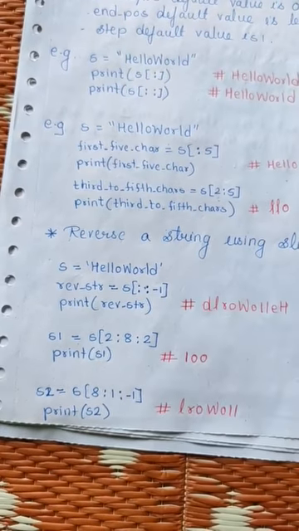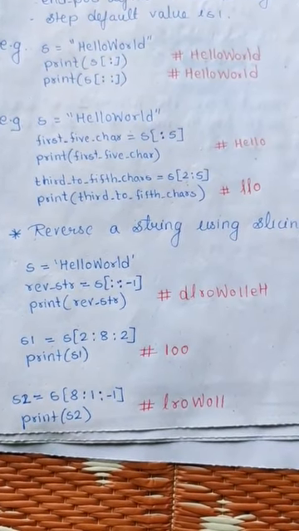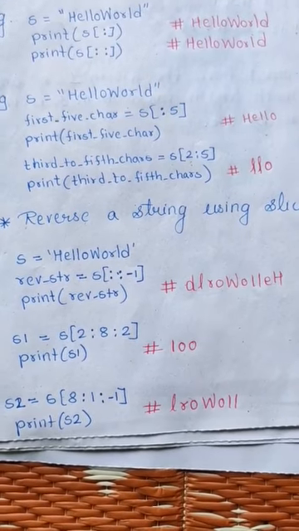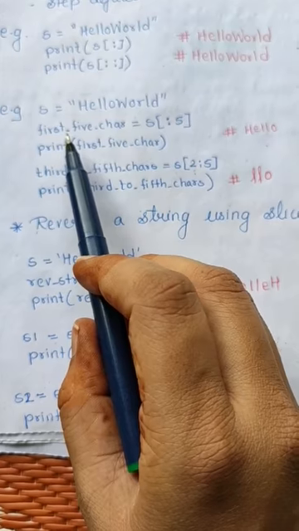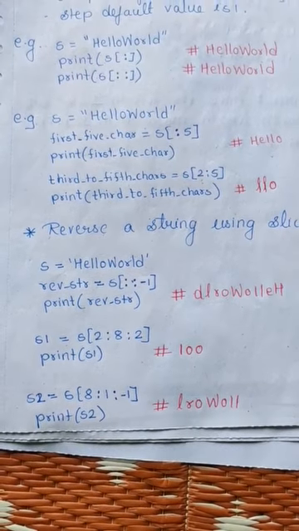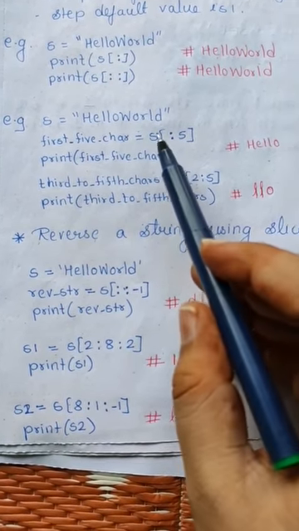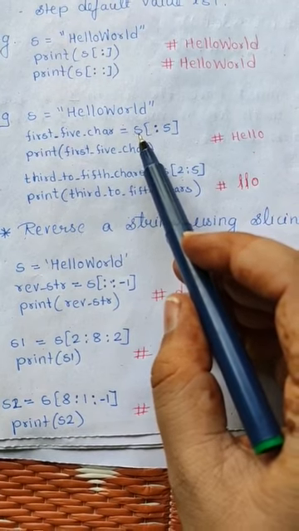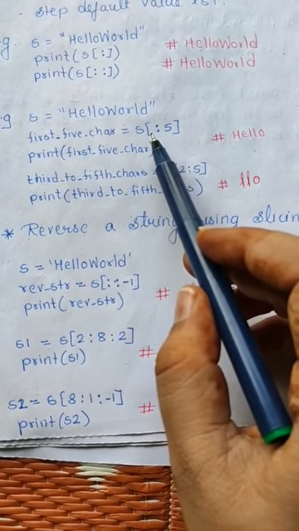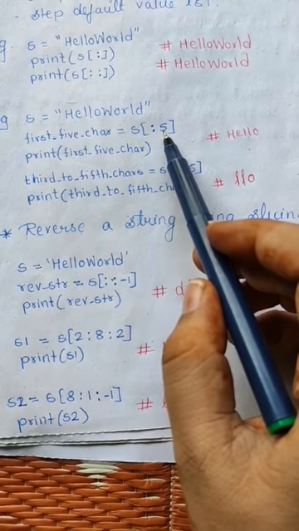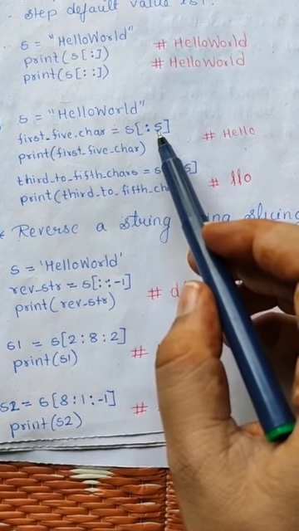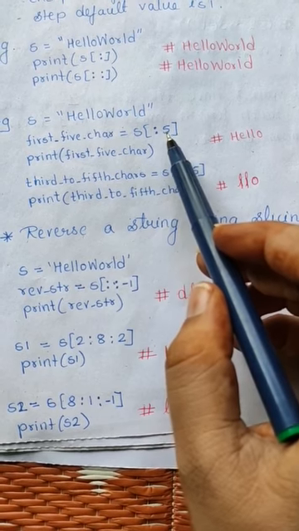Now see, when I want the first 5 characters of a particular string. As you can see in this example, I have given the variable the name first 5 char. Here the name of the string is S, and in square brackets I have not given the starting position. I have just given the 5, that is the end position, up to which I want the string.